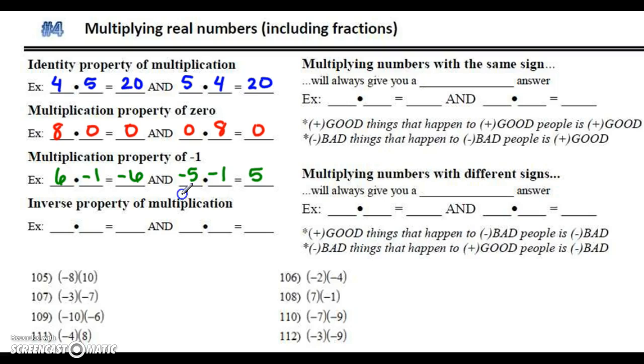The inverse property of multiplication is going to be, let's say 4, times its reciprocal. So let's go ahead and write that word out and define it. Reciprocal basically just means flip the fraction.